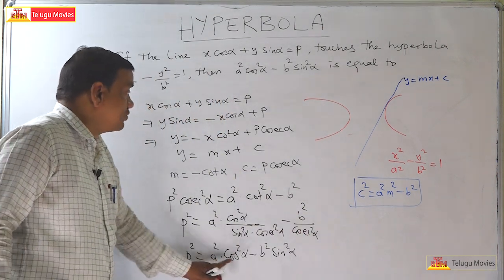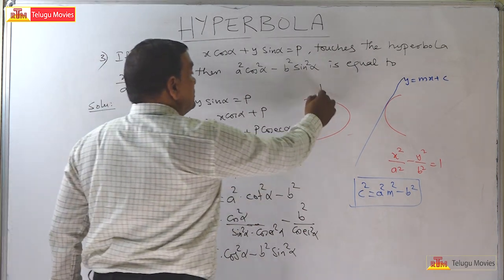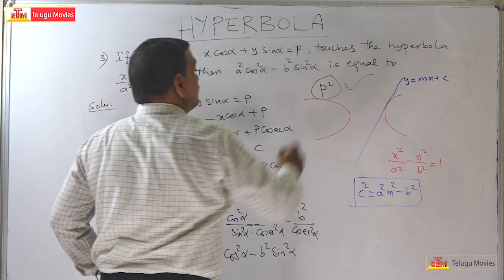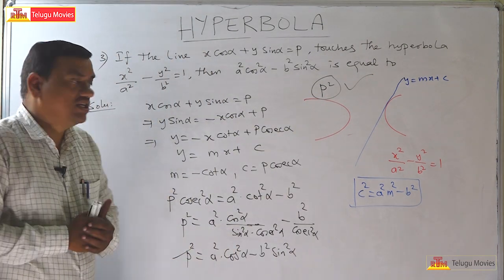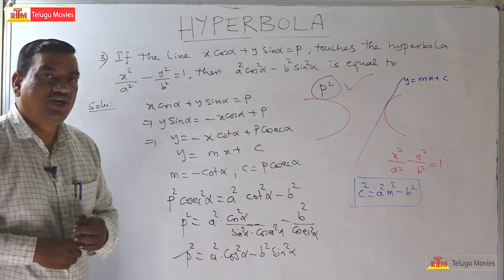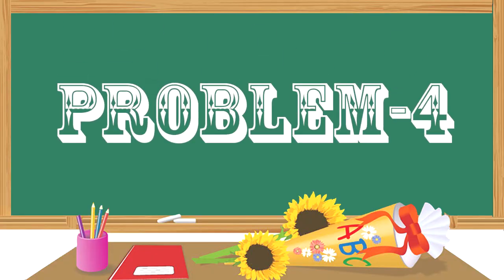So therefore a square cos square alpha minus b square sin square alpha is equal to P square. So P square is your correct answer. Very basic level question this is. I hope that you enjoyed this solution. So let us see the next problem.